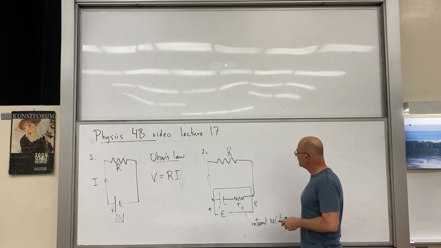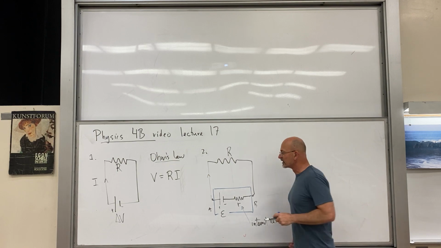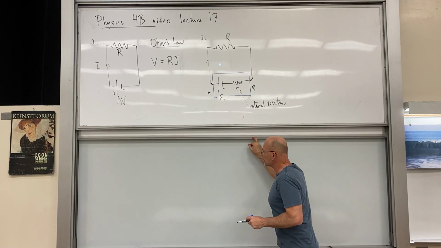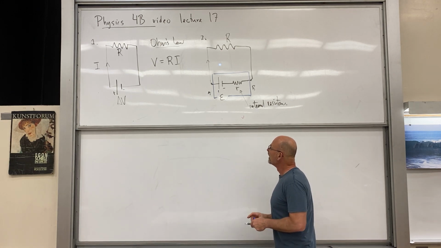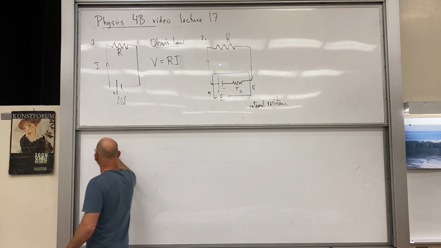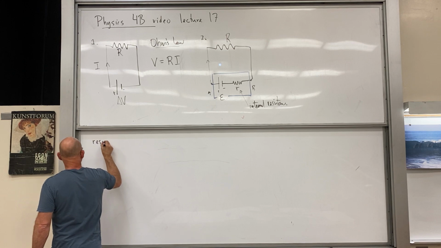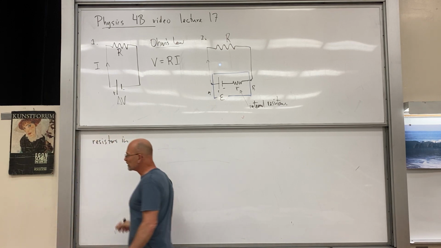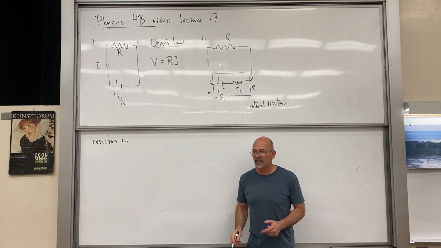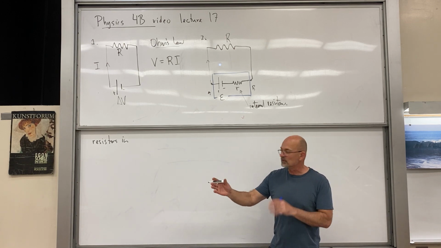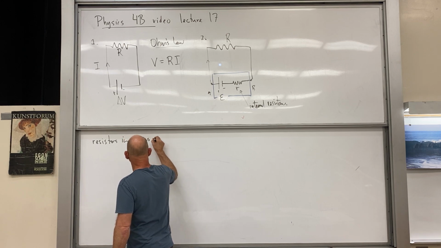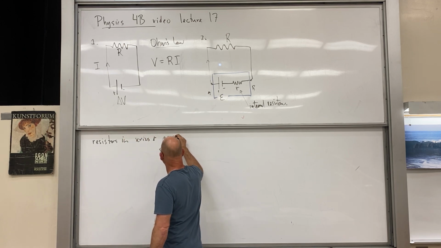Okay, so what we're going to do next is some combinations of resistors, slightly more complicated circuits. And so resistors in series, just the way we had with the capacitors, we're going to put them in series and we'll put them in parallel.